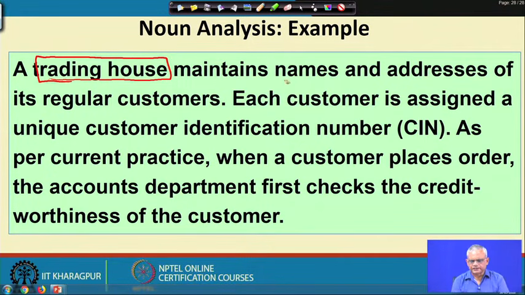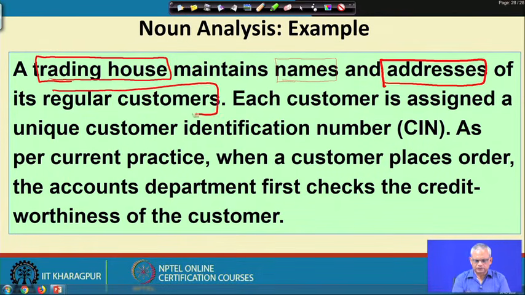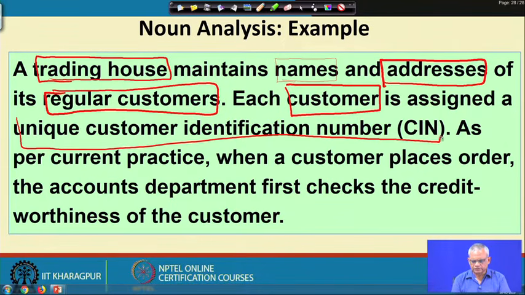We identify names, addresses, regular customer, unique customer identification number. Okay, let me just do customer identification number. Unique is a qualifier to this.